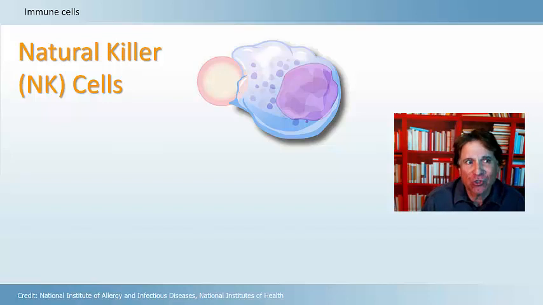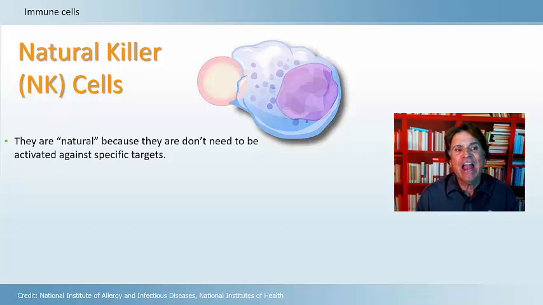Natural killer cells, or NK cells, are another type of immune cell. And they're called natural because they don't need to be activated against specific targets. They're raring to go. As soon as this pathogen gets inside of the body, these natural killer cells don't need to be primed.